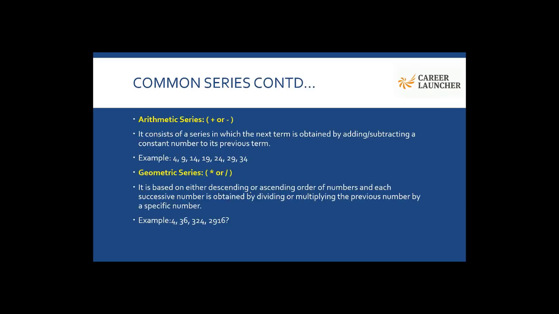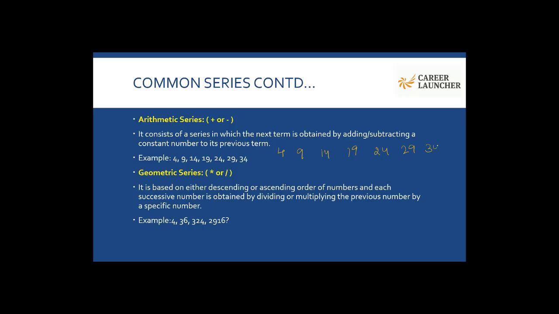Then there are arithmetic series, wherein the next term is obtained by either adding or subtracting a constant number to its previous term. What do we mean by constant term? Let's have a look at the example here. So here we have a series: 4, 9, 14, 19, 24, 29, 34.